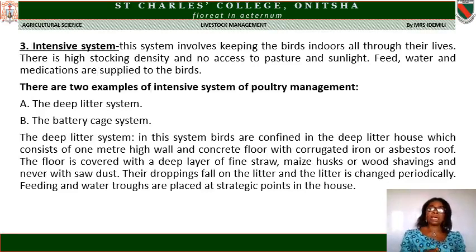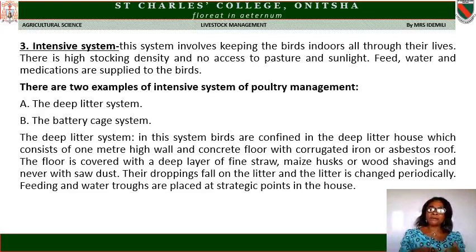It is because the fine dust contains very tiny particles which can easily cause mold. And when it becomes moldy, it can be a source of disease infection in the poultry. Birds can easily inhale the tiny particles of this sawdust, thereby causing them to develop respiratory diseases.